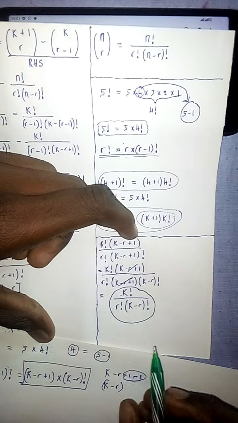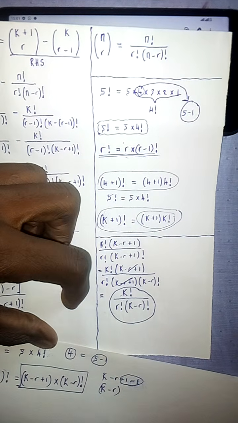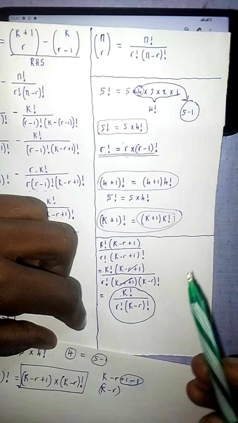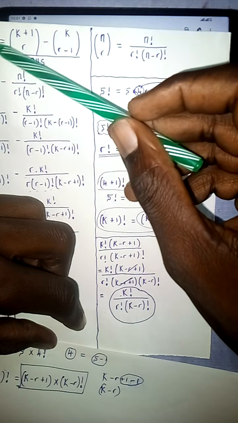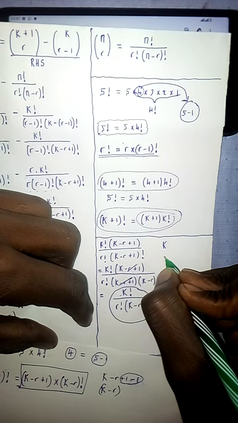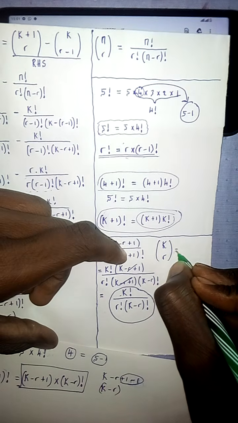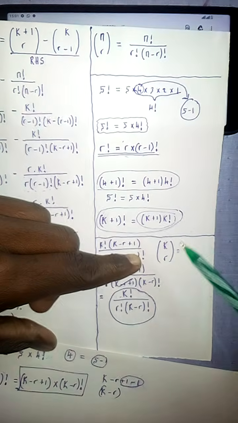Have you seen this part? Well, this is the general formula for any combination. In other words, this part, which is the k r, can be written in this form. So let's write this in this form.